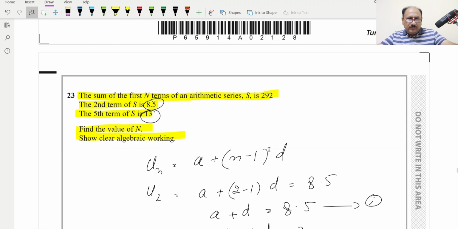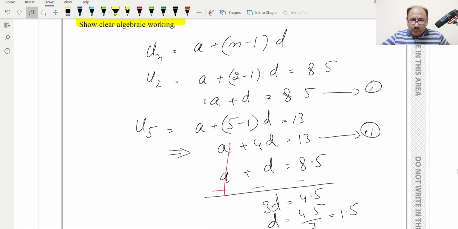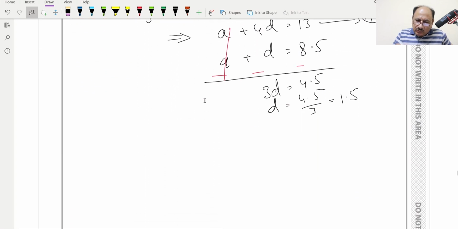Now for the sum of the first n terms of the arithmetic series, S is 292. So we can write Sn is equal to 292. So our Sn formula is what?